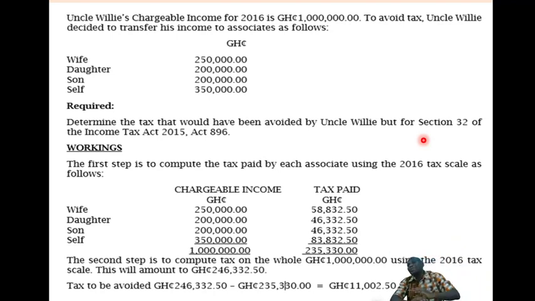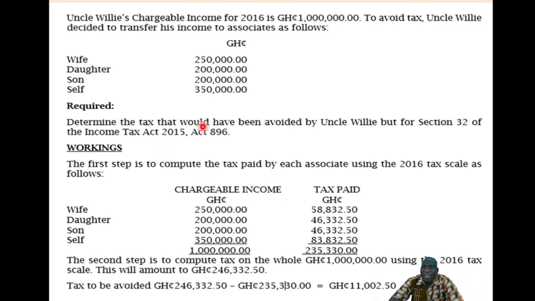That's why I said that for this particular one, at least try and know the sections that have to do with the tax avoidance practices. Okay, so that is that. Okay, so let's look at it then.